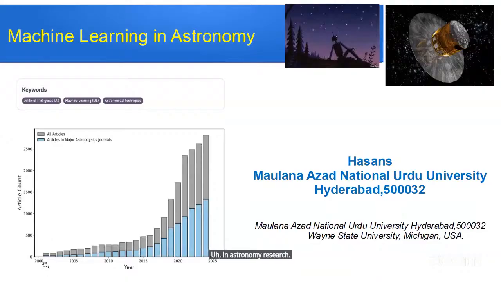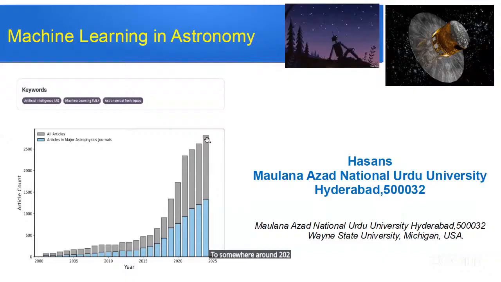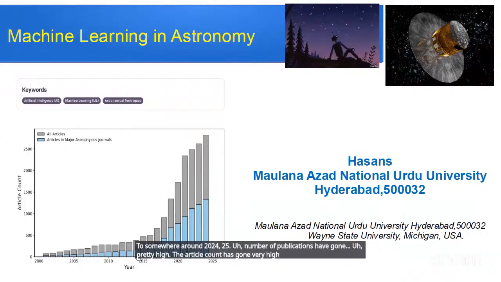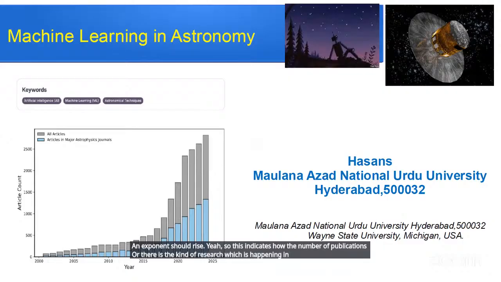You can see that from 2000, the number of publications was very low, to somewhere around 2024, 25, the number of publications has gone pretty high. The article count has gone very high, and you can even see the blue bars rising very steeply, an exponential rise. This indicates the kind of research happening in astronomy and the importance of machine learning in that.